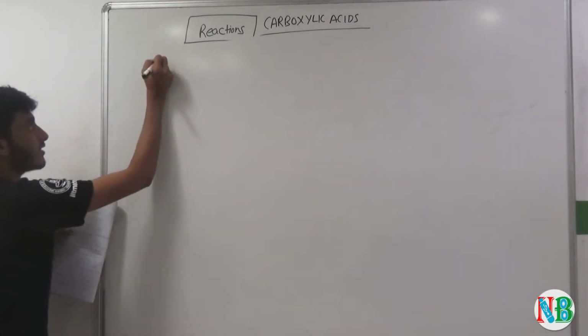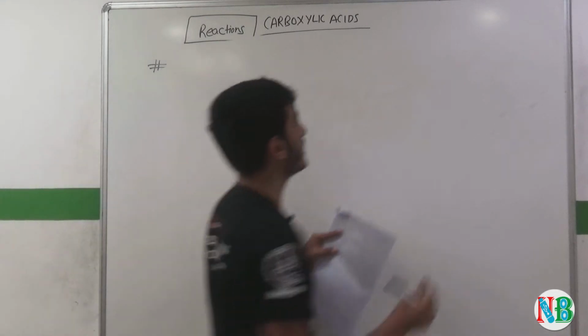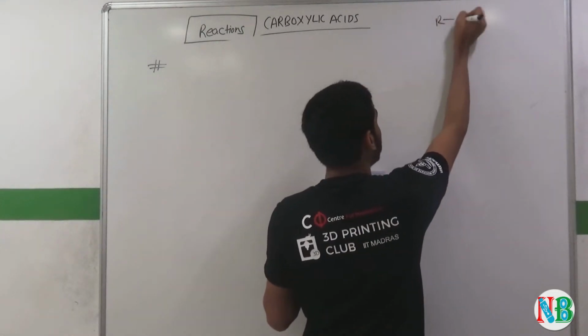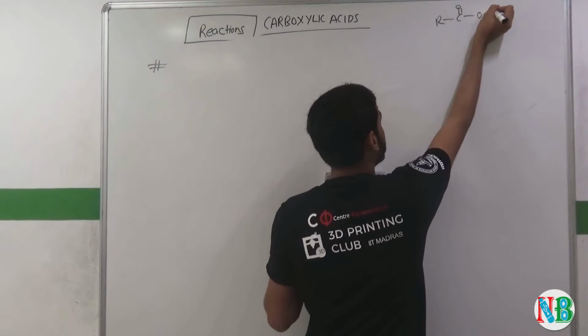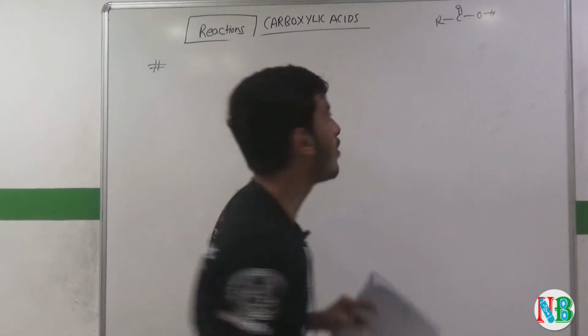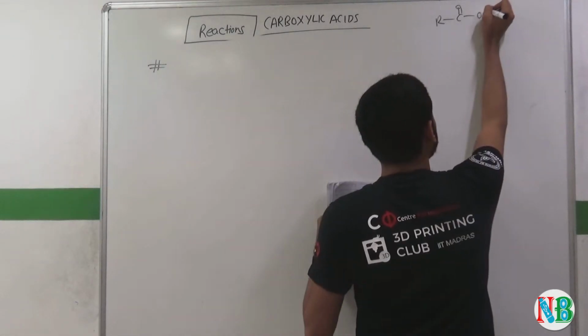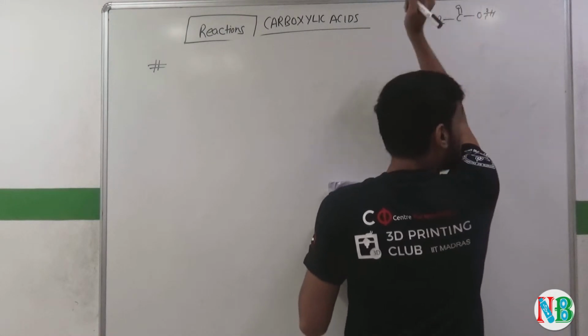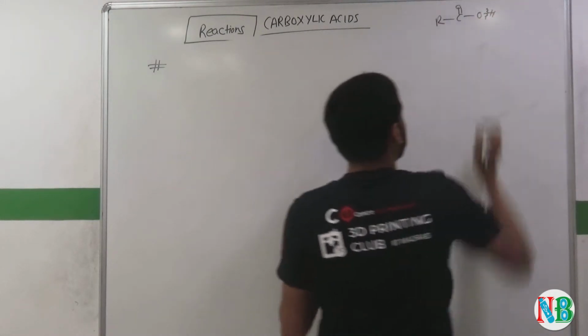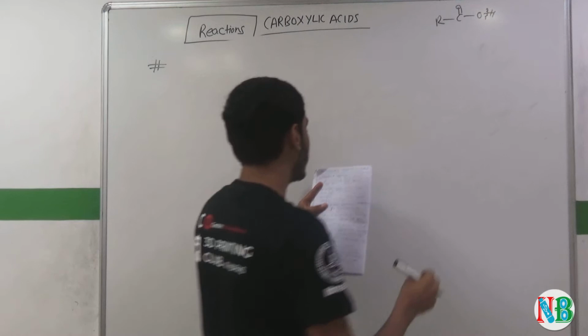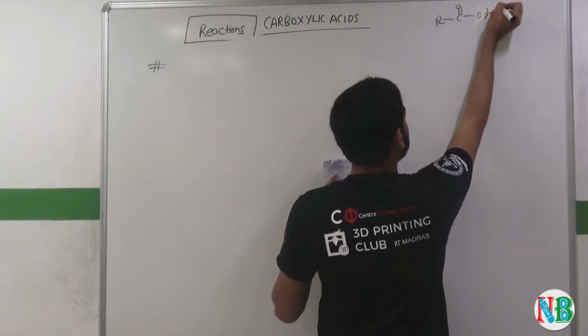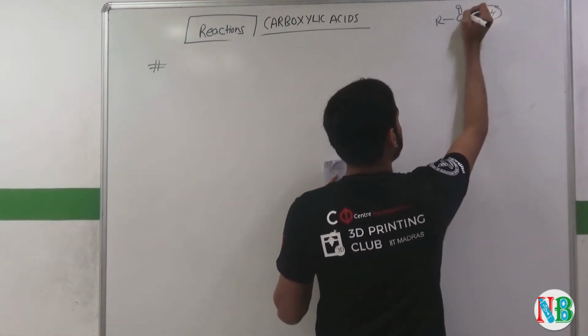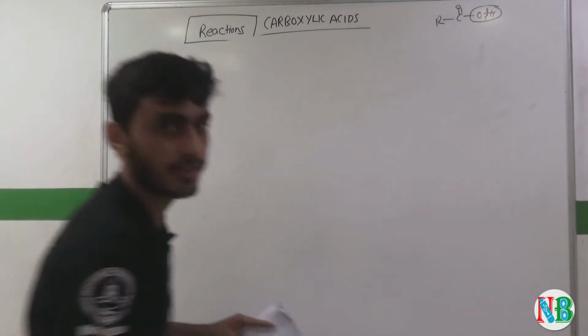Okay, let's learn. So over here I was saying that RCOOH looks like this. So we learned if the OH bond breaks, we learned about all these reactions of acidity. Now let's learn what if the C and O bond breaks.